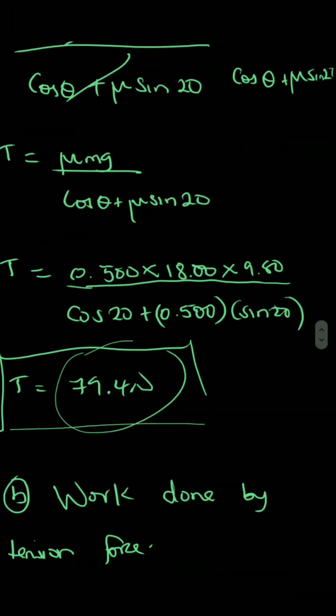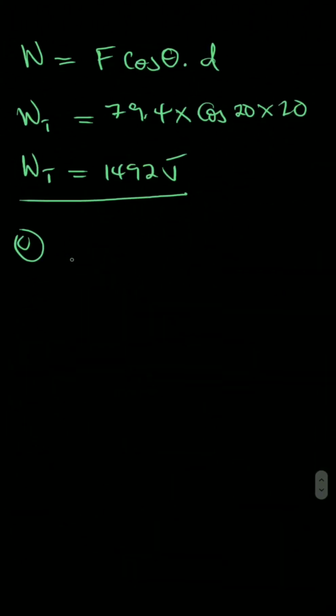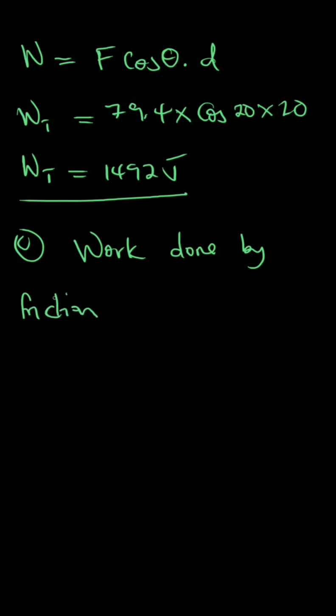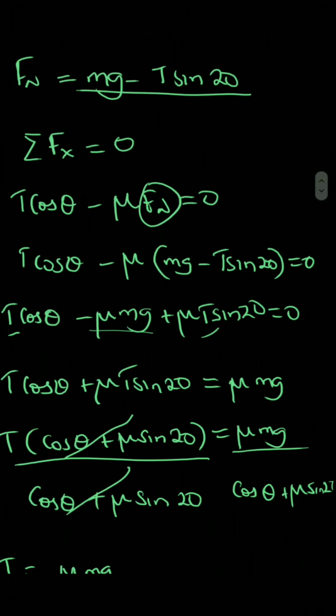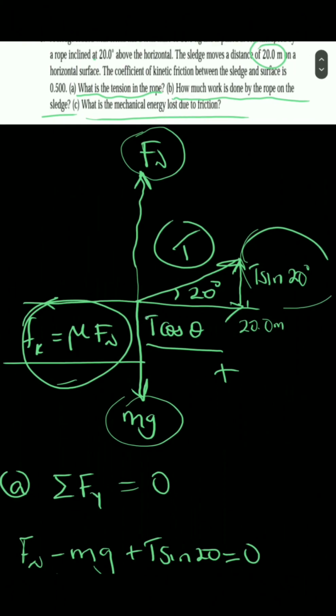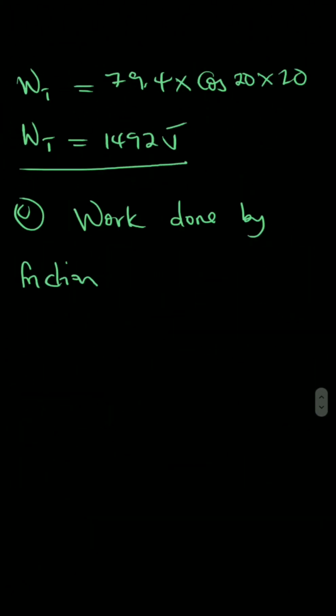We go to part C. Part C, we are taught to find what? So what is the mechanical energy loss by friction? So this is work done by friction. So we're going to just find the work done by friction. So let's go back to our free body diagram.